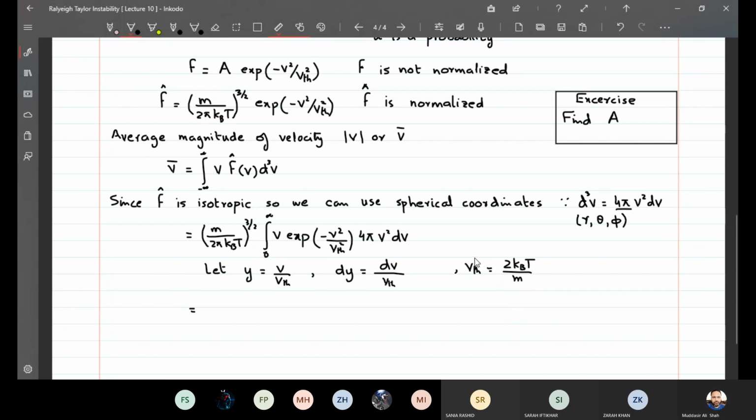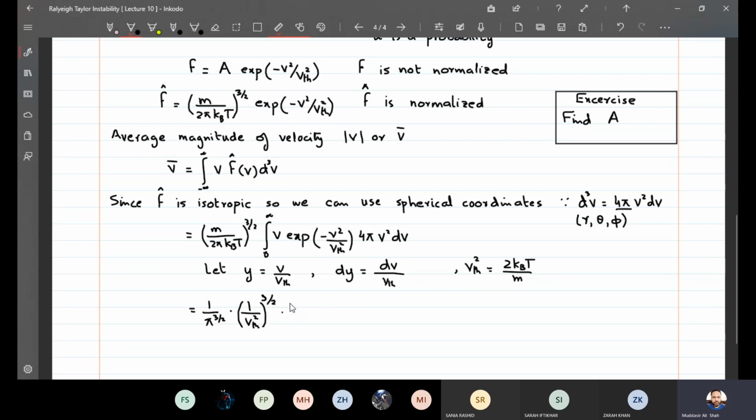From here you can see that I already have v thermal cube, so I am taking it outside: 1 over pi to the power 3 by 2, and we have 1 over v thermal square to the power 3 by 2, and then we have v square, and there's a v that we are going to take from here.